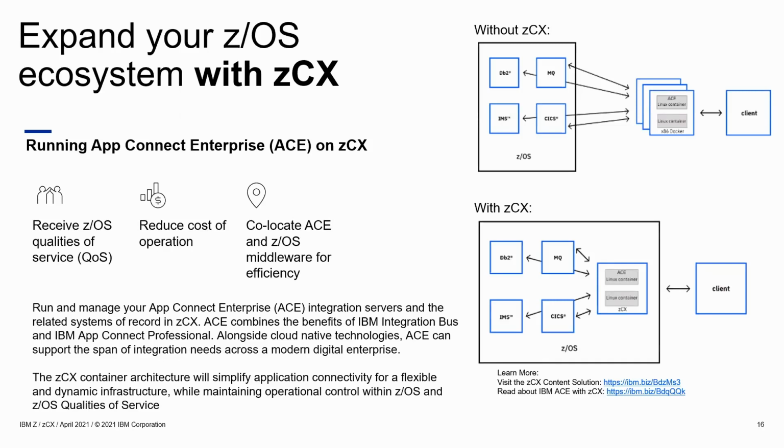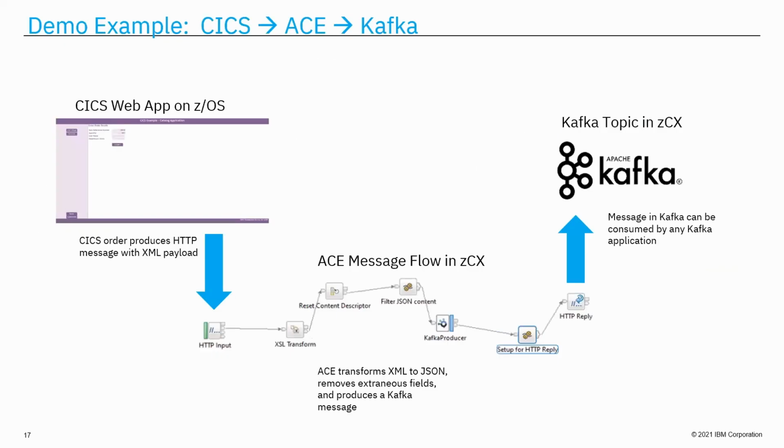I don't know how many people I've talked to so far about their excitement about hosting ACE on zCX and not having to put that on a separate Linux server and having multiple external network flows when they're trying to connect application A to application B. And so we're going to dive into this one a little bit more now.